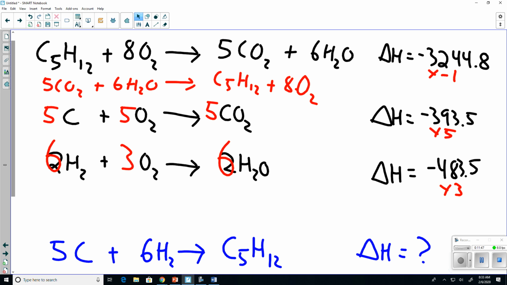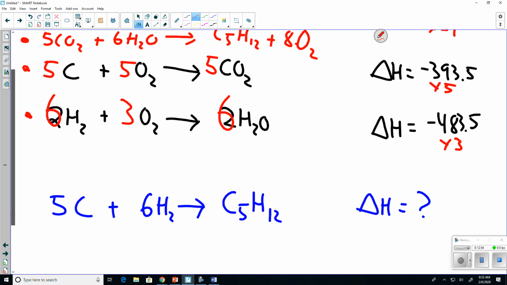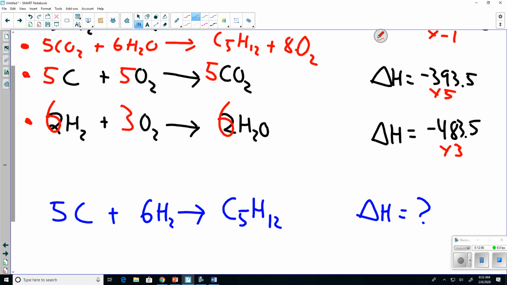Electrons canceled out. The previous problem I showed you, some of the H pluses canceled out. What I'm telling you right now is if you added together these 3 equations, so again, this one which I just showed the reverse for, this one that I multiplied by 5, and this one that I multiplied by 3, the only things that you'll have remaining is the equation we're looking at.